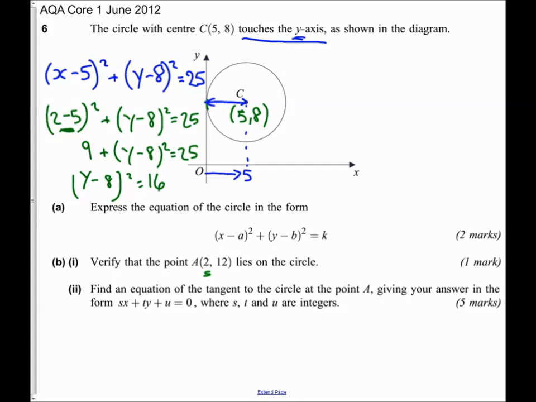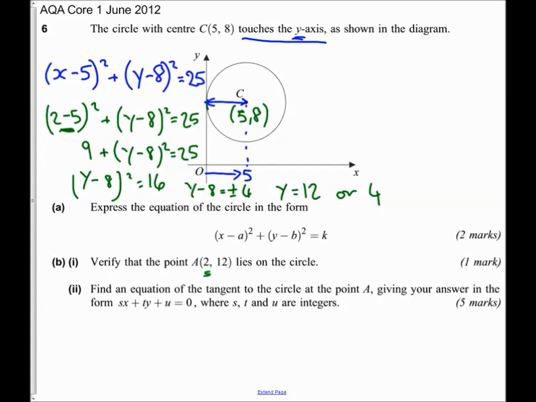So y minus 8 equals plus or minus 4. So y equals, when I take 4 as being the square root, 4 plus 8 is 12. Or if I take minus 4, I get minus 4 plus 8, which is just 4.